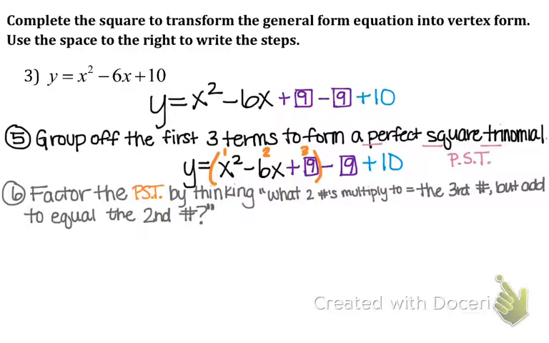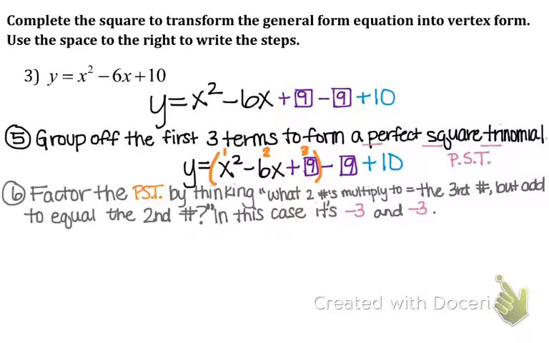So in this case, we're looking for 2 numbers that multiply to equal +9, but add to equal -6. In this case, those 2 numbers are -3 and -3. So -3 times -3 is +9, and -3 plus -3 is -6.